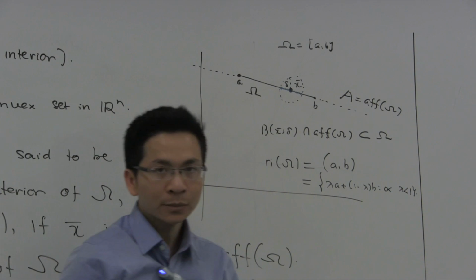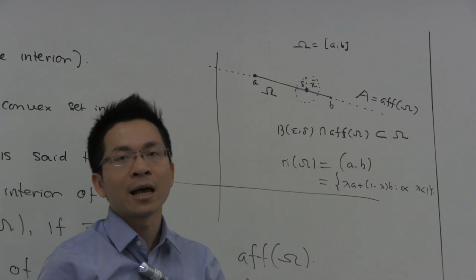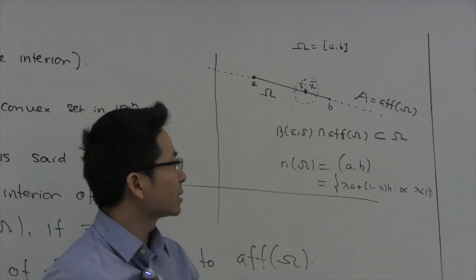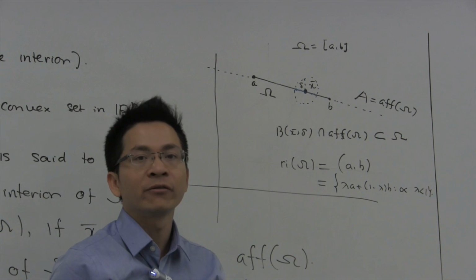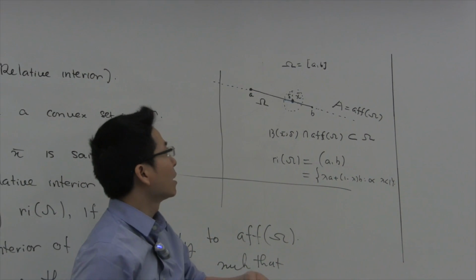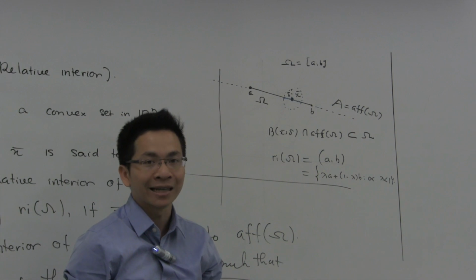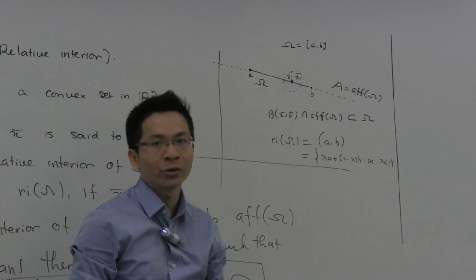Okay, so the relative interior has several properties that are similar to the interior for convex sets, and at the same time we can see that for any non-empty convex set in R^n, the relative interior is always non-empty.